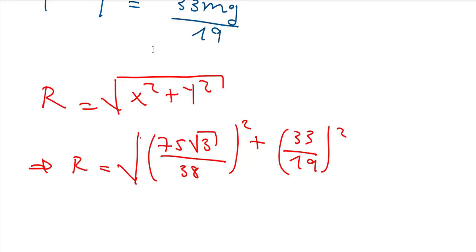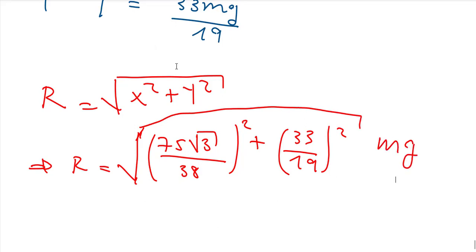So what I've done is I've removed the mg, since all of this will be times mg squared, factored out, so times mg.